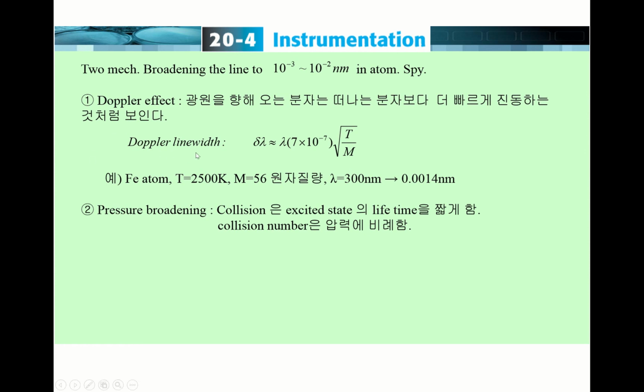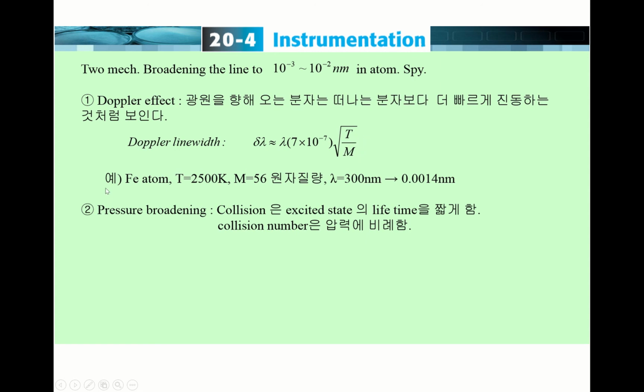The Doppler line width is given by this equation. I don't know how this equation is derived. Anyway, delta lambda is approximately lambda multiplied by 7 times 10 to the minus 7, times the square root of T over M. T is temperature in Kelvin, M is atomic mass.